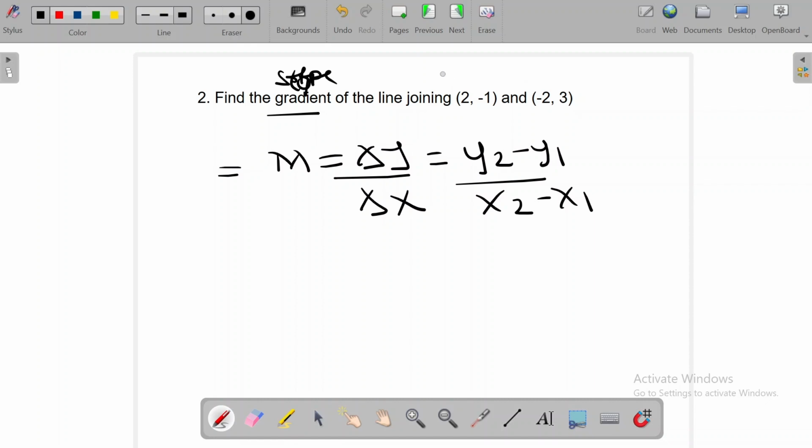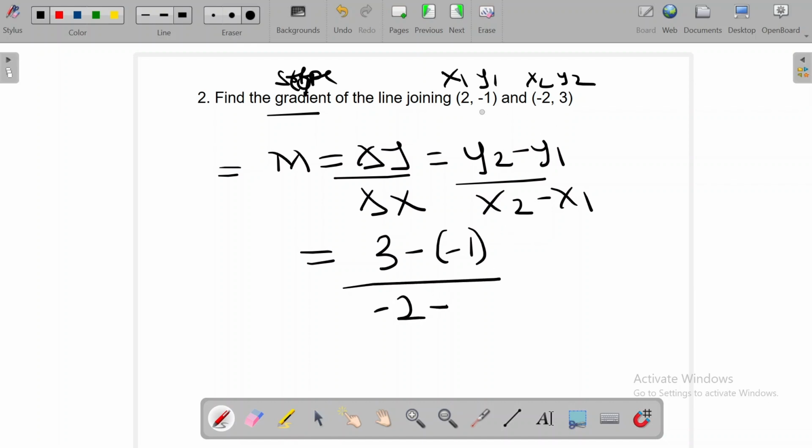So this becomes x1, y1, x2, y2, and the y2 in this case is 3 minus, which is this minus you're seeing here. What is my y1? My y1 is negative 1. X2 is negative 2. And x1 is 2. So this becomes 3 plus 1 over negative 4.